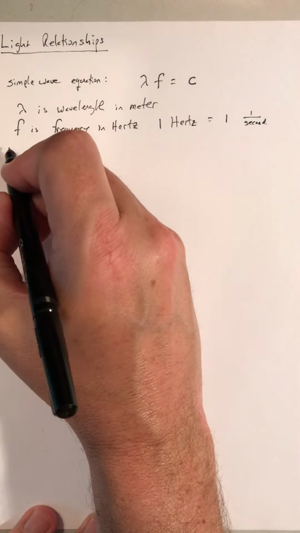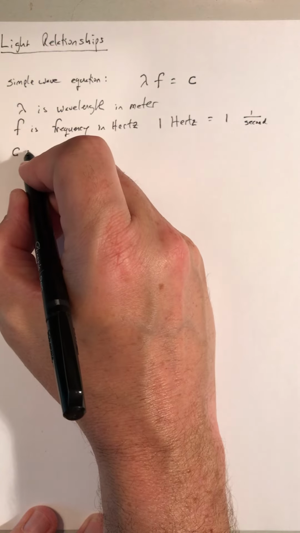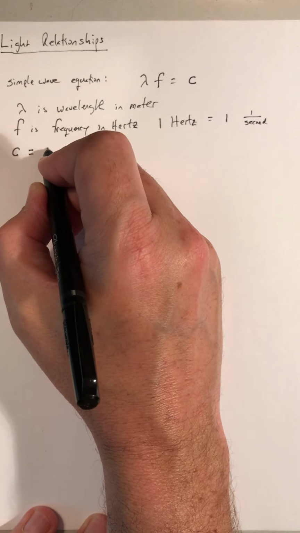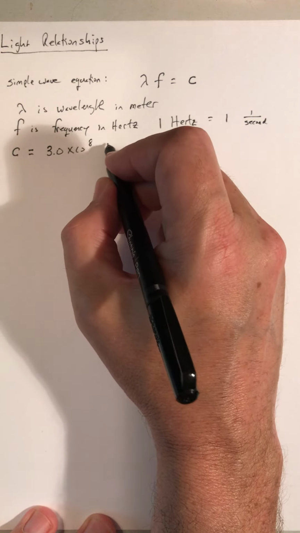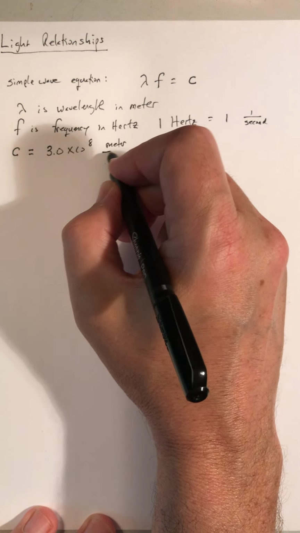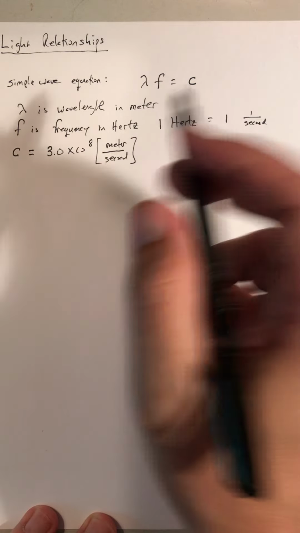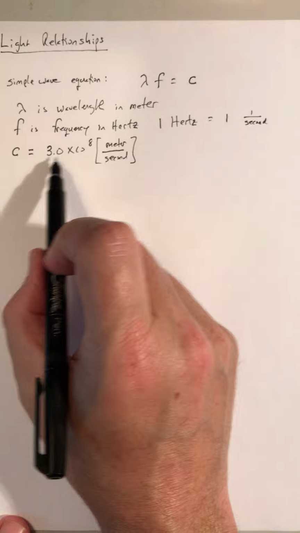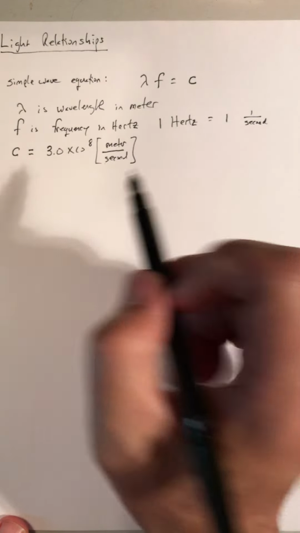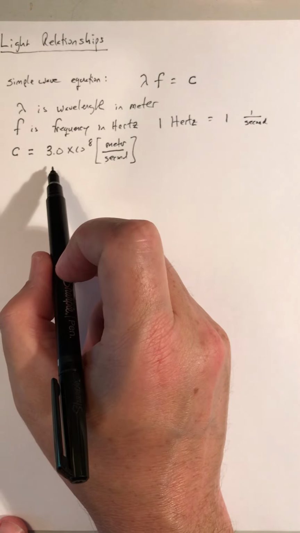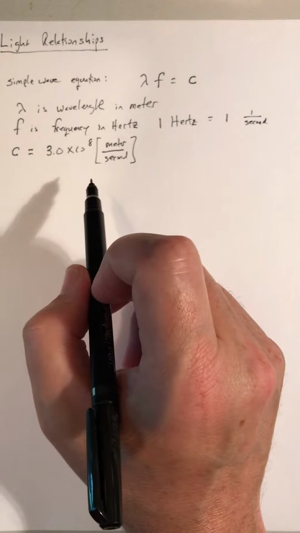And then for our simple wave equation, the other thing that we need is the speed of light. Lowercase c, 3.0 times 10 to the 8th meters every second, speed of light. And this is actually known and defined to be an exact value, but for purposes of this class, 3.0 times 10 to the 8th is good enough.